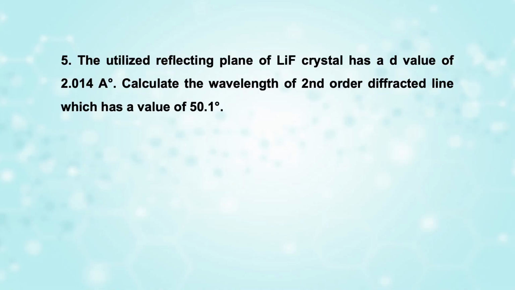Now, we will move on to the fifth question. The utilized reflecting plane of lithium fluoride crystal has a d value of 2.014 angstrom. Calculate the wavelength of second order diffracted line which has a value of 50.1 degree.